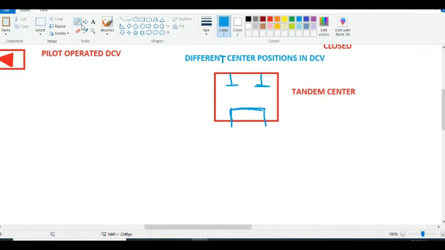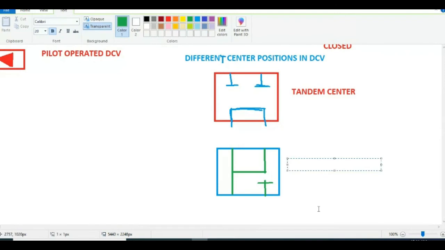If you draw the symbol like this, it is called the regenerative center.